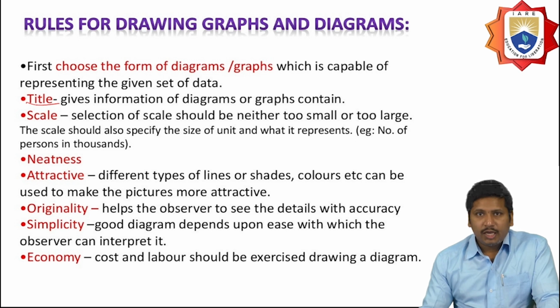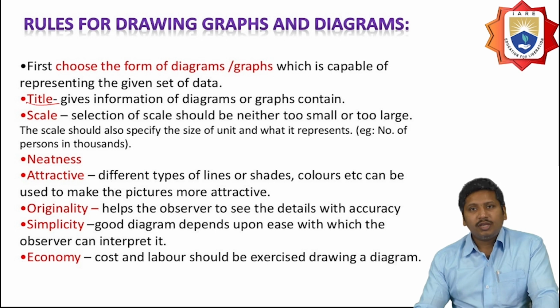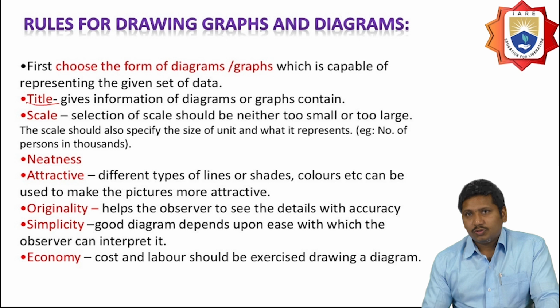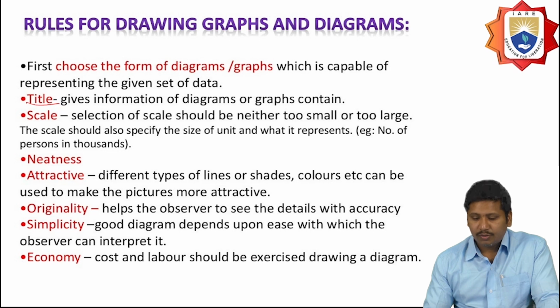The next one is scale. The selection of scale should be neither too small nor too large. The scale is the size of the diagram, which should not be too small and should not be too large. A medium size is preferable, which can give a better view. The next one is neatness. Neatness is also very important.